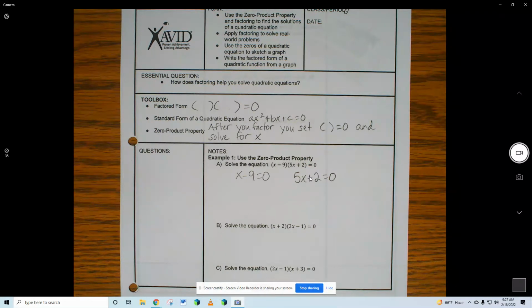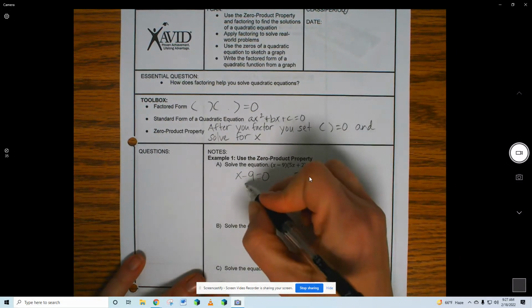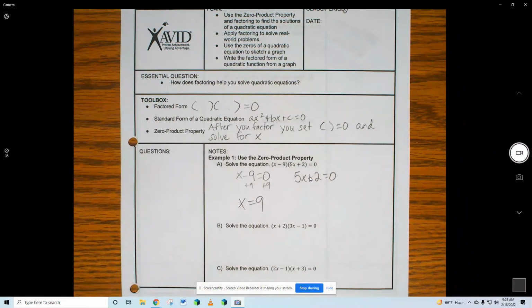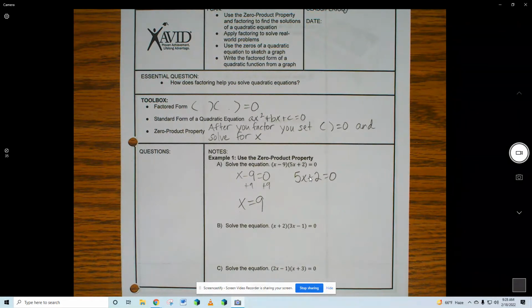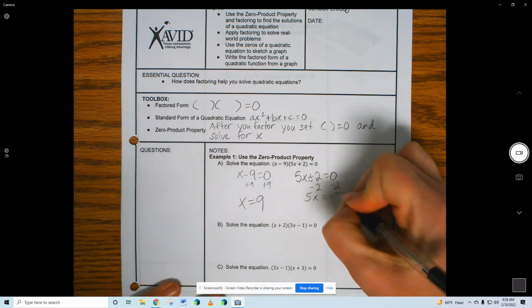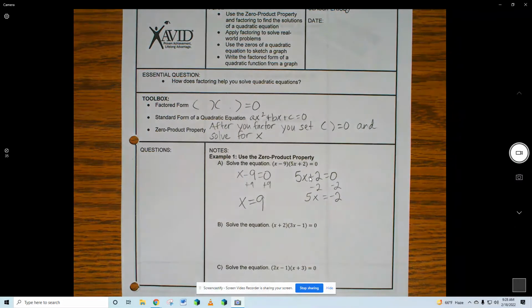The 9, that one's easy. Go ahead and do it on your own. X equals 9. That's one of my solutions. Another one of my solutions, I have to do like subtract 2 and divide by 5. Do you remember this? So to get the x alone, first I have to move the 2 over. So I have 5x equals negative 2.